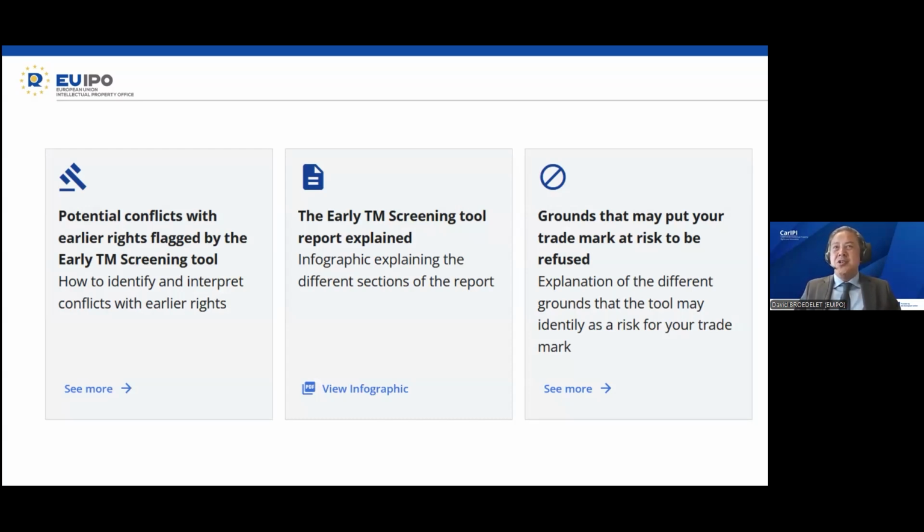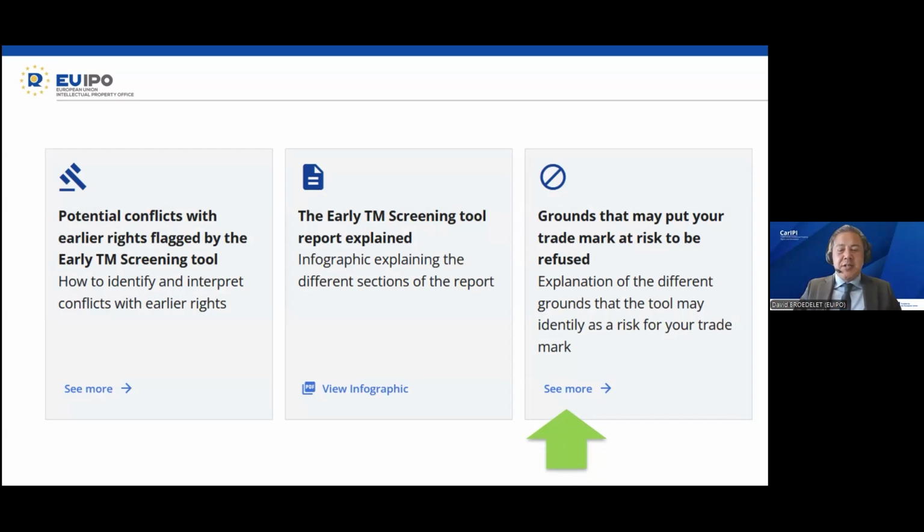The tool will tell you if there are potential conflicts with earlier rights, and also the tool will tell you what the statistics are. And also the number 3 is that the tool will tell you if your trademark could be refused.